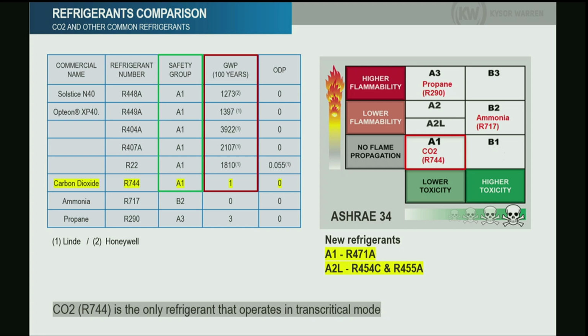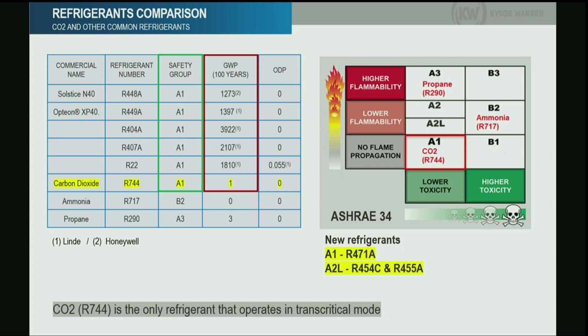The other part here is about CO2 as a transcritical system. We mentioned CO2 transcritical and subcritical. HFC refrigerants can also have that mode of operation. However, all the HFC refrigerants operate in subcritical mode because their critical point is too high, like 150 degrees or something.